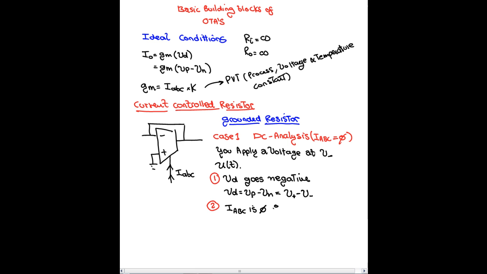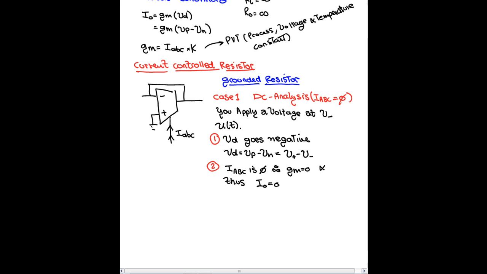Therefore, GM is 0, and thus I naught is equal to 0. So we are applying a voltage, but we are seeing very little current at the output. What that means is that in theory the circuit looks like an open. It's infinity, or an open.